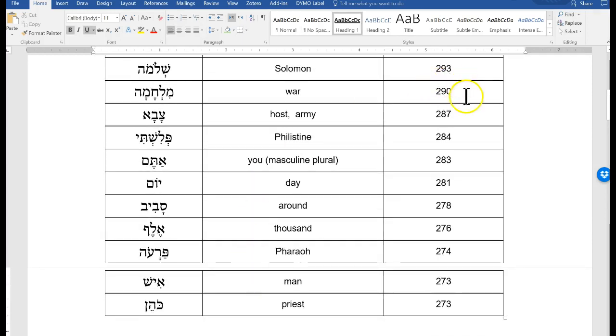Milhama, these are words that all occur many times. Milhama is war, battle. Sabah is host or army. You may remember the Lord Sabaoth, his name, the Lord of hosts, so it's related to this word. Philistine.